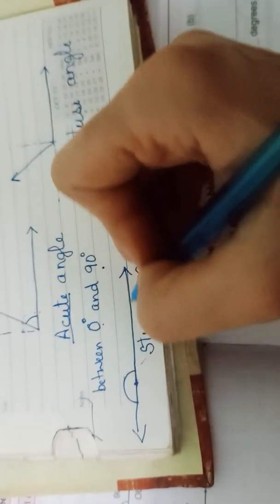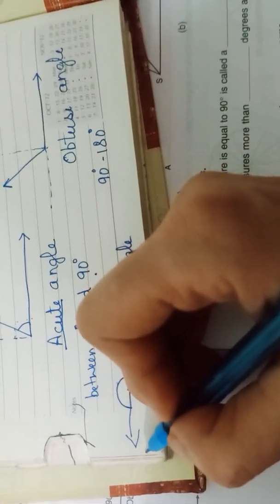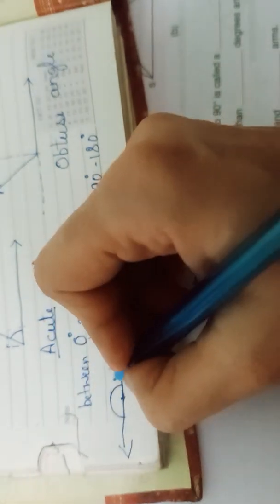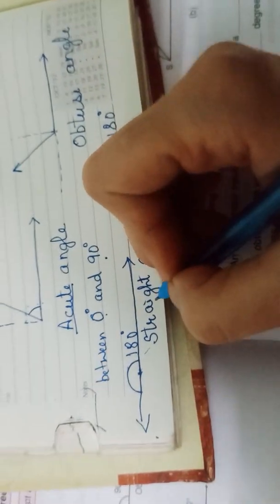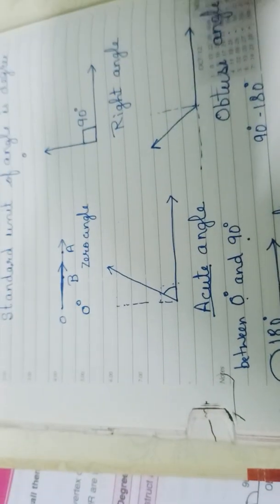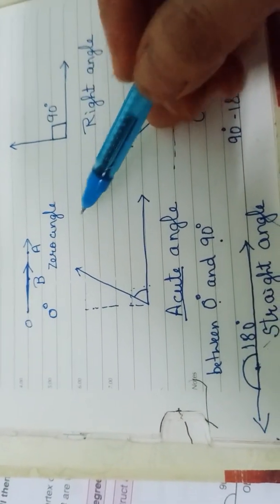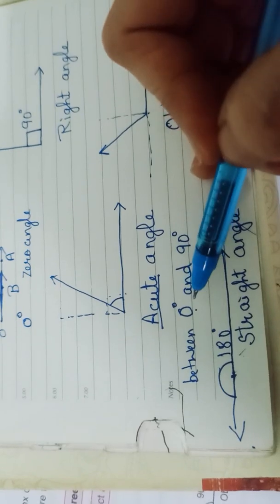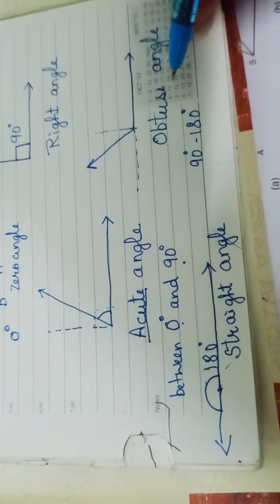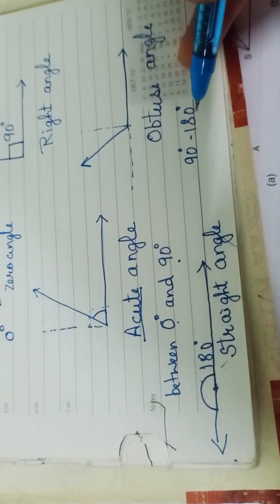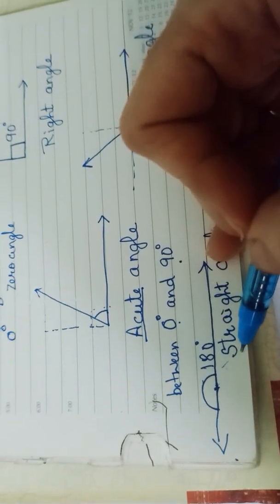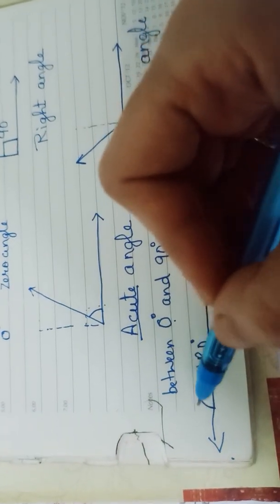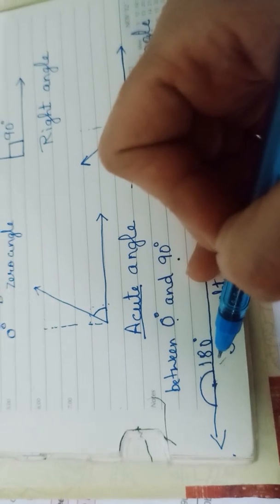So when two rays are just opposite to each other, they form an angle of 180 degree, and 180 degree angle is a straight angle. 90 degree is right angle, 0 degree, this is acute angle between 0 degree and 90 degree. Obtuse angle between 90 degree and 180 degree. This is straight angle 180 degree.